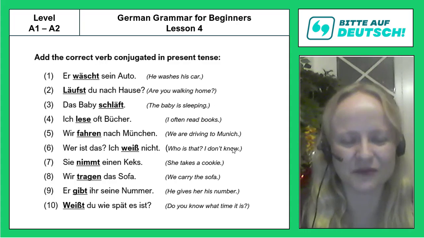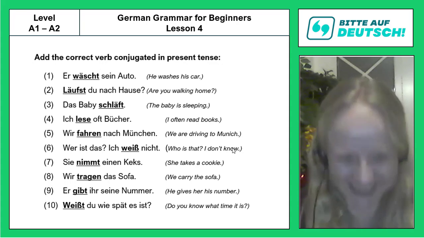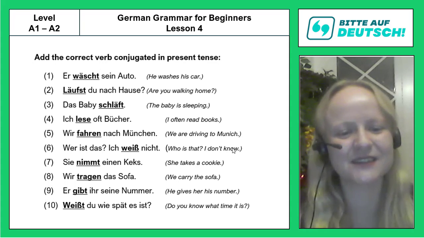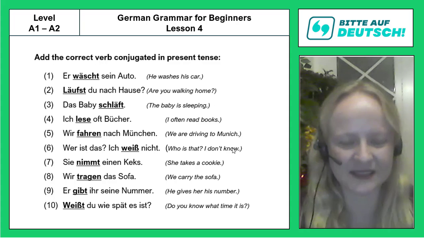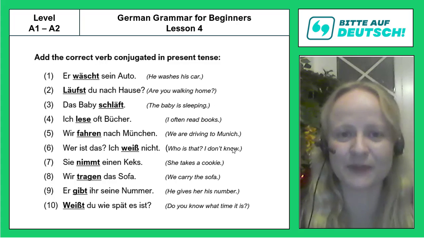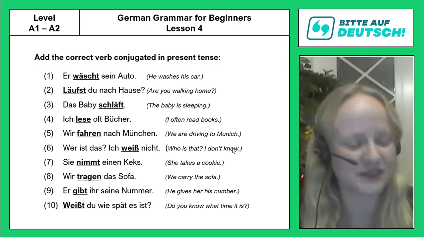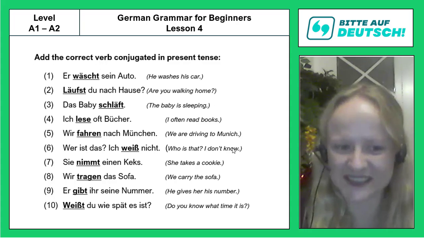But please listen carefully to what kind of sh, s, ch sounds we actually have. I know it's many. Weißt du, wie spät es ist? So you see when you combine SP, it's not going to be spät. It's going to be spät. So actually that means, do you know how late it is?